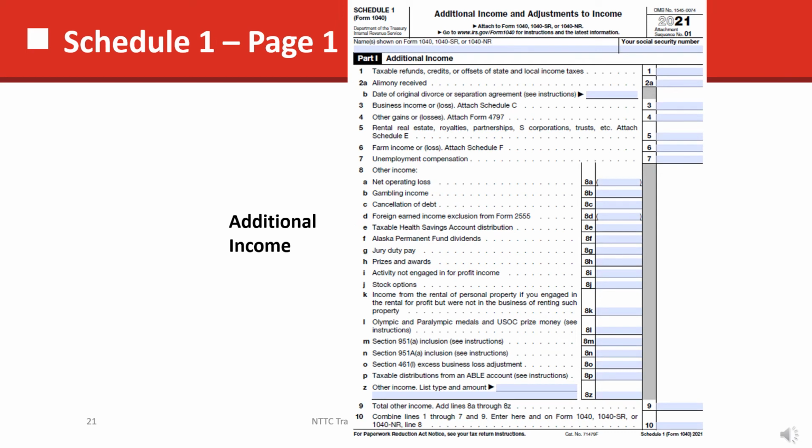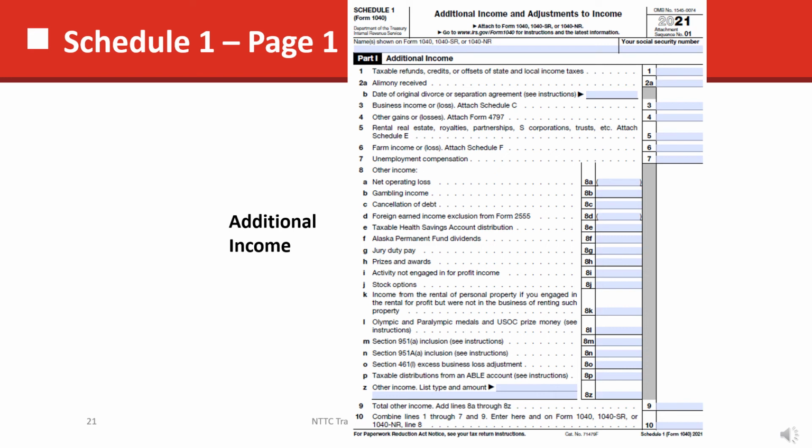As I mentioned before, there is no senior version of Schedules 1, 2, and 3. So Schedules 1, 2, and 3 will be the same regardless of whether it's a standard 1040 or a senior 1040. So here is Schedule 1 that you're looking at, and it has additional income. Additional income and adjustments to income used to be, in 2020, on the same form.